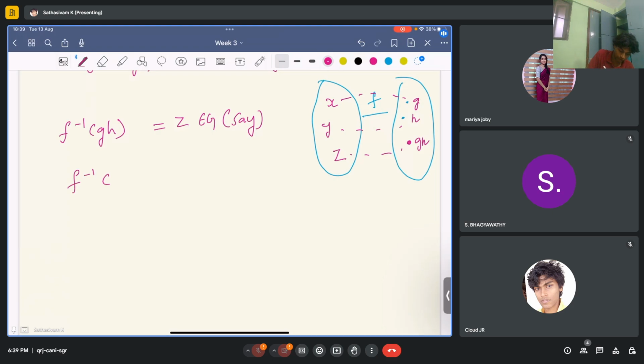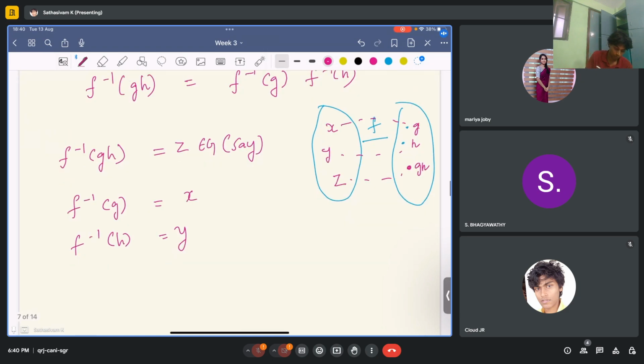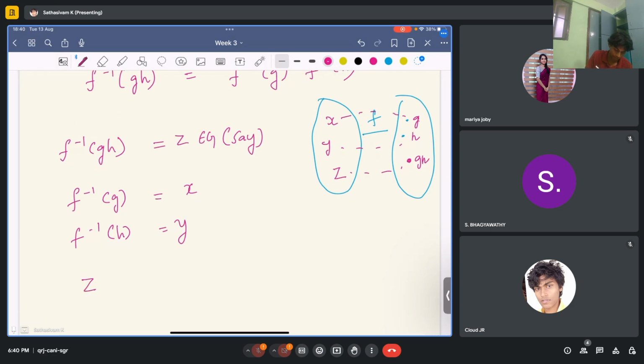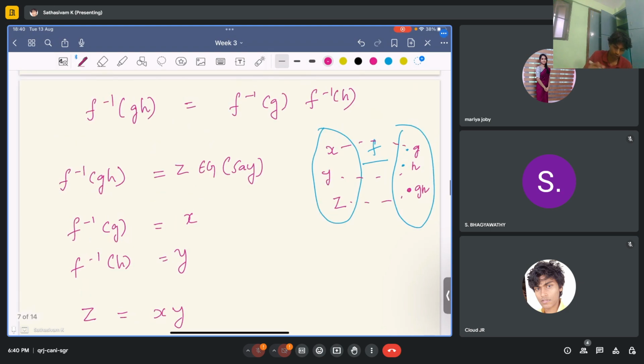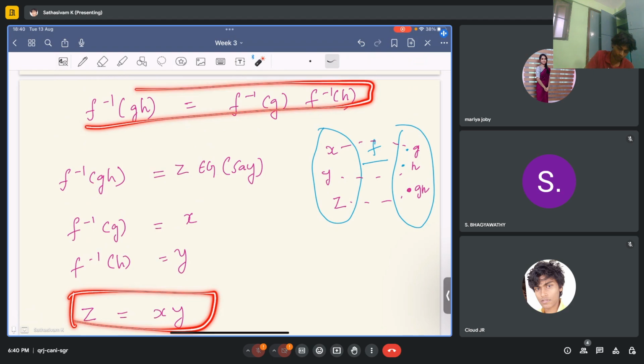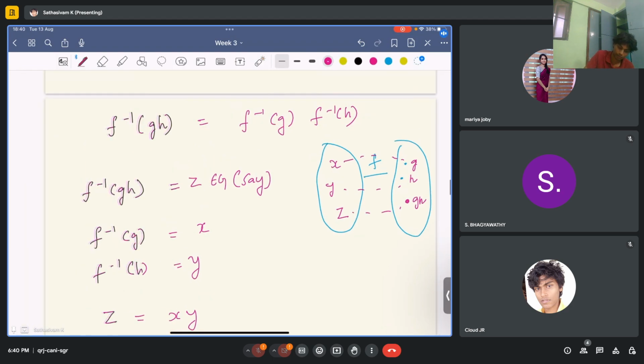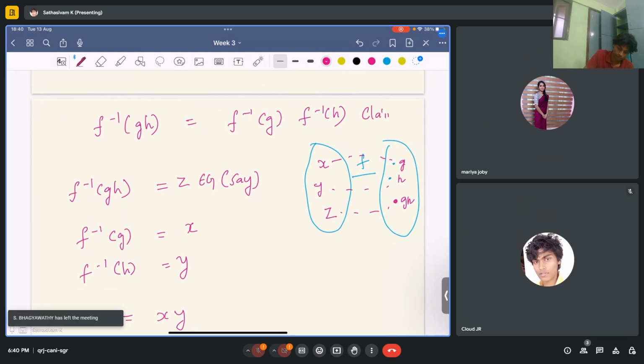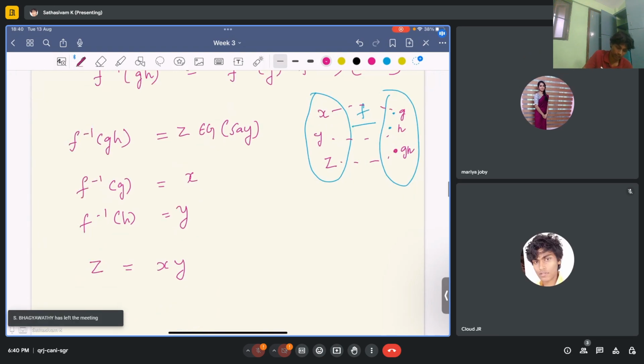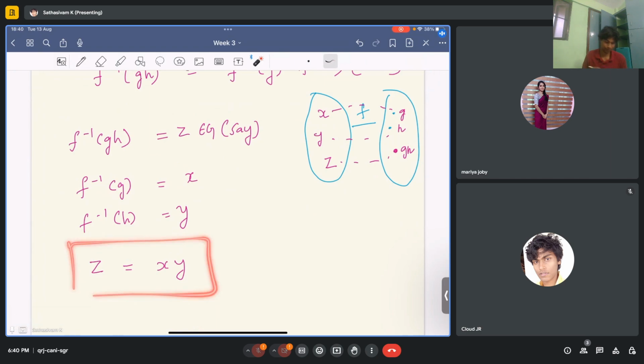Let's call F inverse of G as x and F inverse of H as y. So what we want to prove is that Z is equal to xy. This is my claim. So this is the same as saying Z equals xy, right?